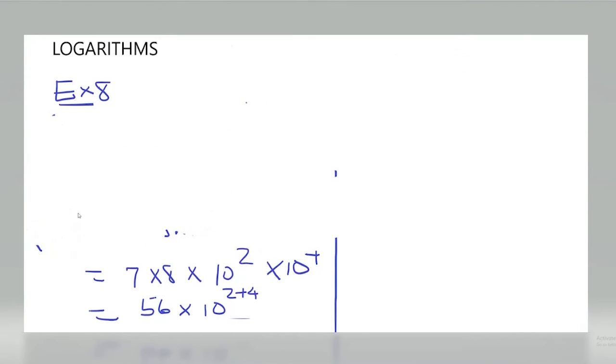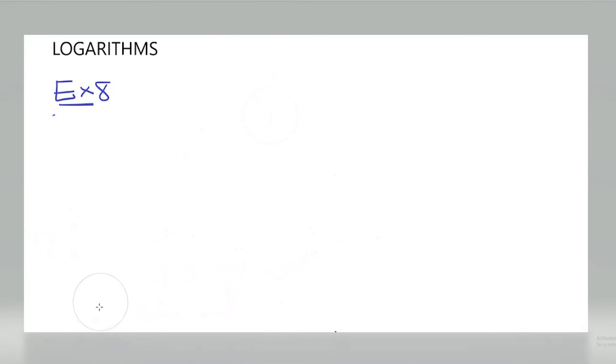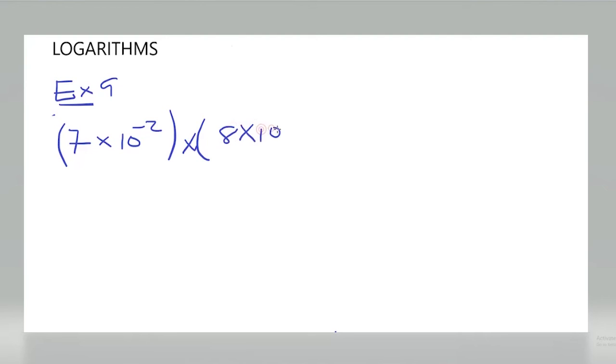Example number 9. Find the solution and write your answer in standard notation. Now show me what I have given: 7 times 10 power negative 2, times 8 times 10 power positive 4.